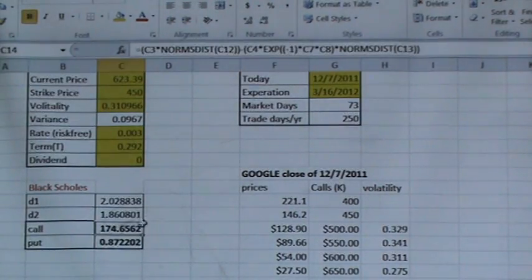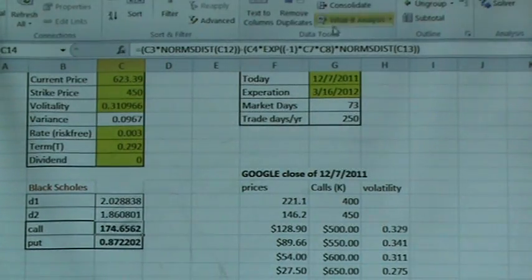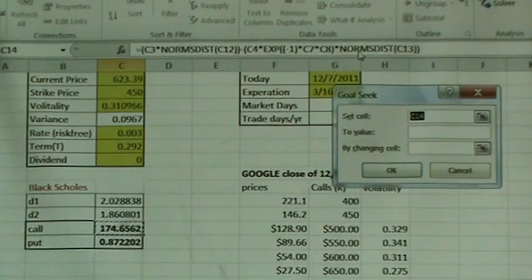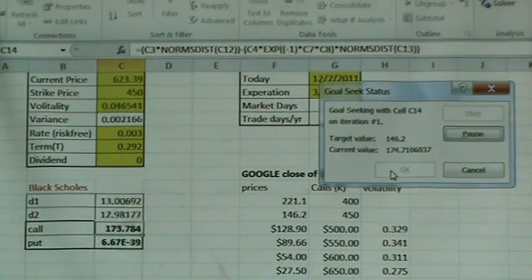We want this box, Data, Goal Seek. We want that box to equal 146.20, by letting this box change.